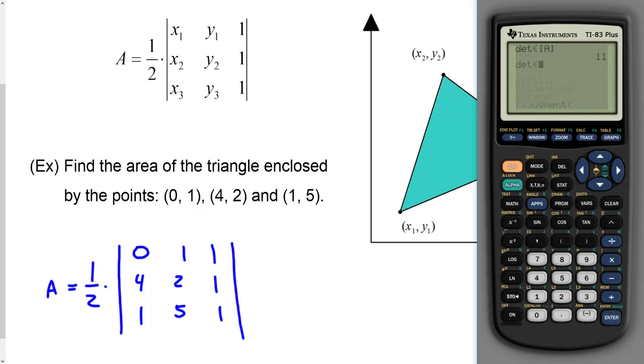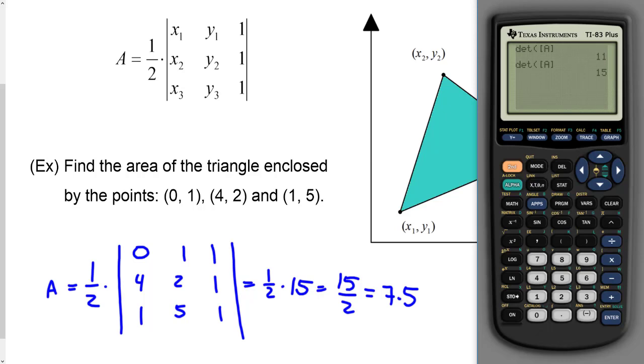Now I just want to do the determinant of that matrix, and I get 15. So this is going to be 1/2 times 15, or 15 halves, or 7.5, however you want to look at that. That would be the area of the enclosed triangle.